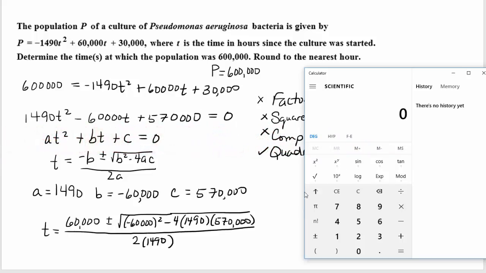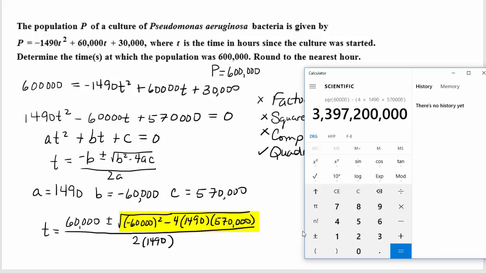So working inside of this grouping symbol, the radical, we are going to have 60,000 squared, and then we're going to subtract from that. Now I'm going to put in parentheses because I want the calculator to know that I have to do the multiplication before the subtraction. 4 times 1490 times 570,000, close parentheses.